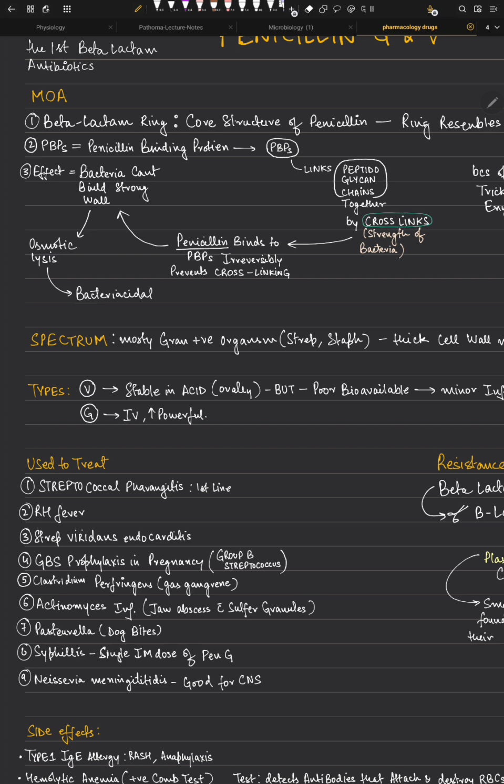These autolysins are the bacteria's own enzymes that cut the old wall and become active, right? Normally the cell wall synthesis rate and the autolysin activity are balanced. But now the cell wall synthesis is messed up, and autolysin activity is normal. So autolysins keep cutting, but there is no new cell wall. This autolysin is the reason for the bactericidal effect, right?